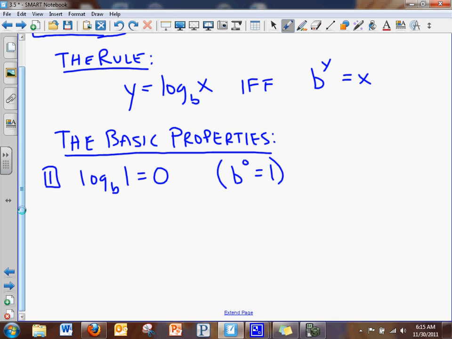If the base of the log is the same as what's inside the log, b and b, that's always going to be equal to 1, because b to the first power is equal to b.